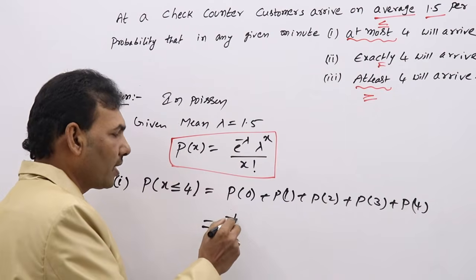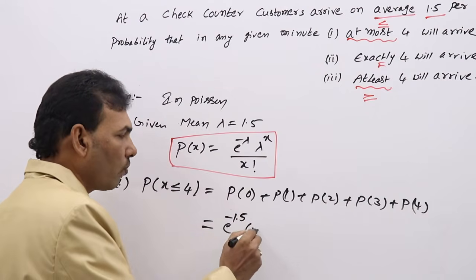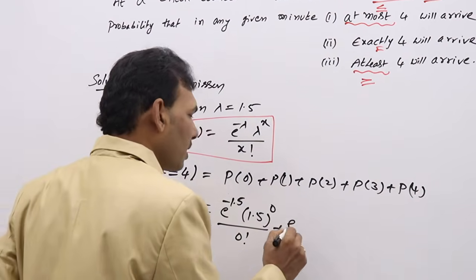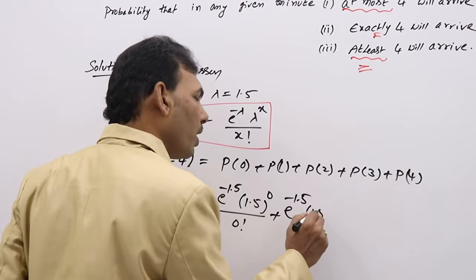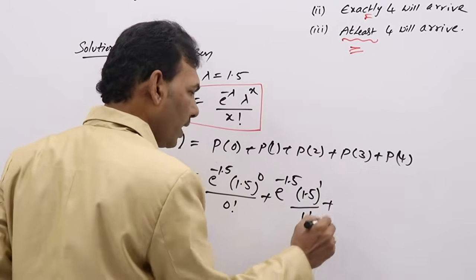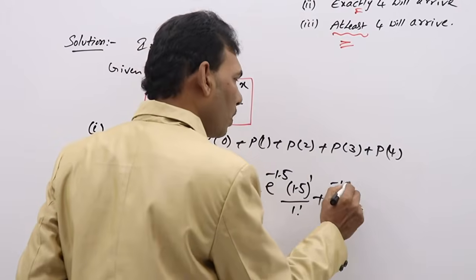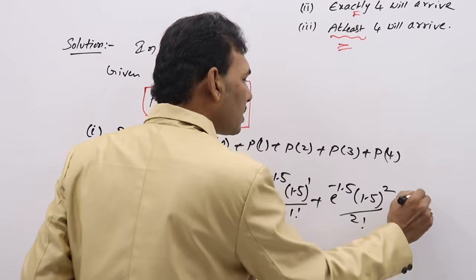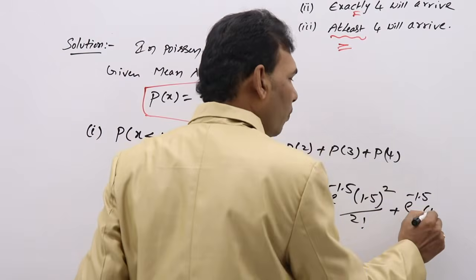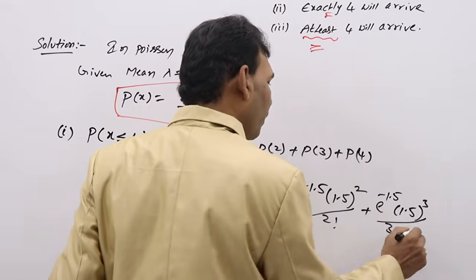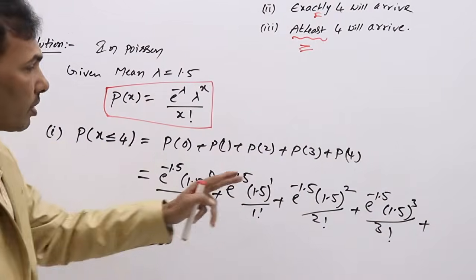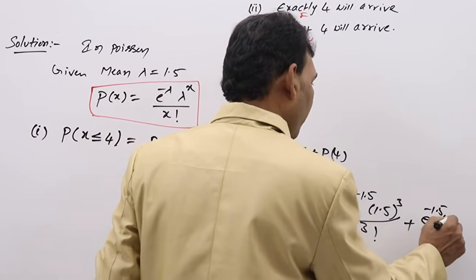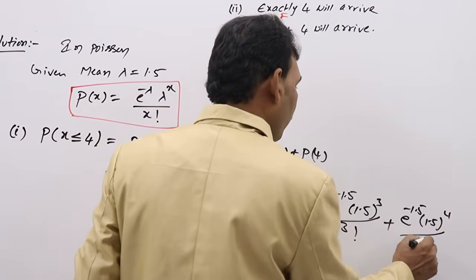If you do that: e power minus 1.5, 1.5 whole power 0 by 0 factorial, plus e power minus 1.5, 1.5 whole power 1 by 1 factorial, plus e power minus 1.5, 1.5 whole square by 2 factorial, plus e power minus 1.5, 1.5 whole cube by 3 factorial, plus e power minus 1.5 into 1.5 whole power 4 by 4 factorial.